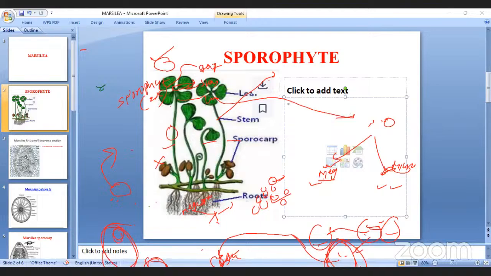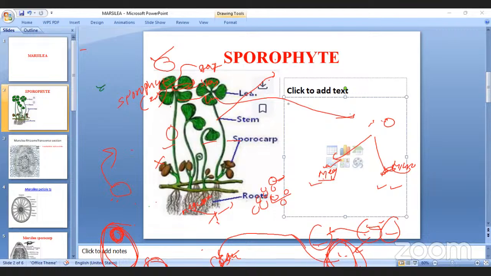Where is the embryo? Inside the seed, covered by the seed coat. Like this the seeds are formed. So this leads to the formation of seeds in gymnosperms and angiosperms. So that's why this is very important. Heterospory and seed habit are also important.